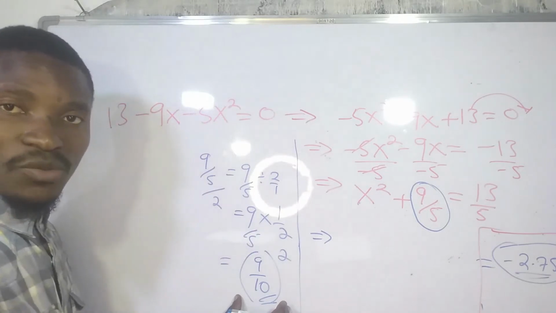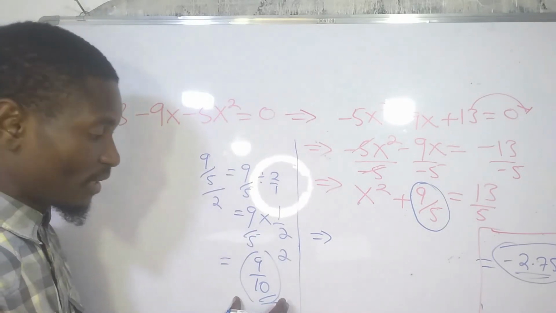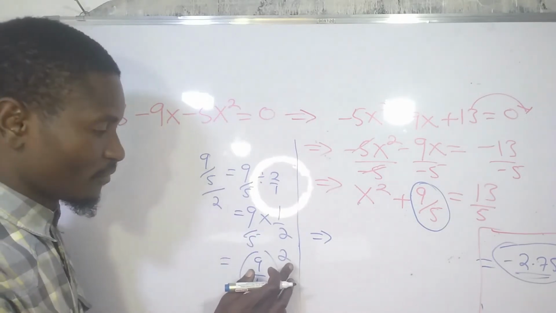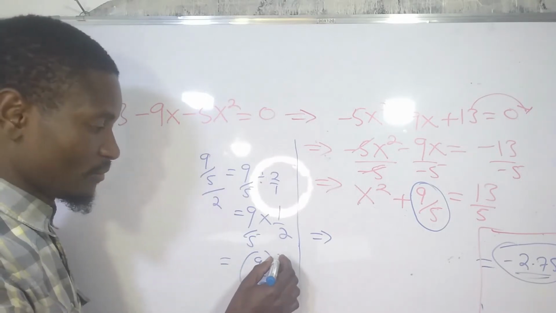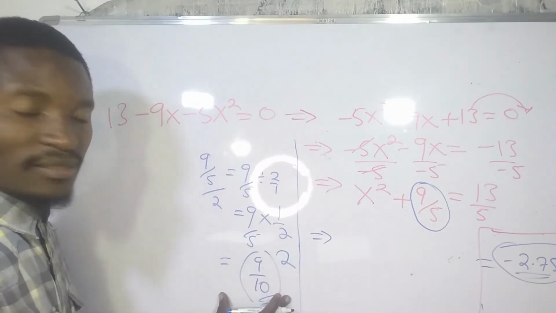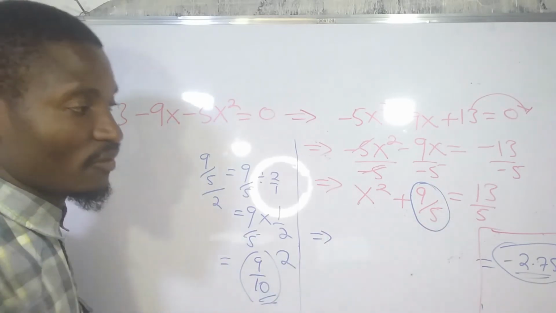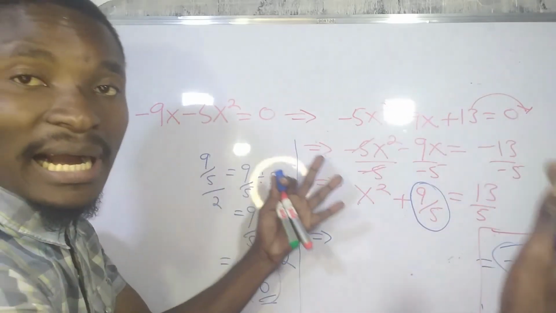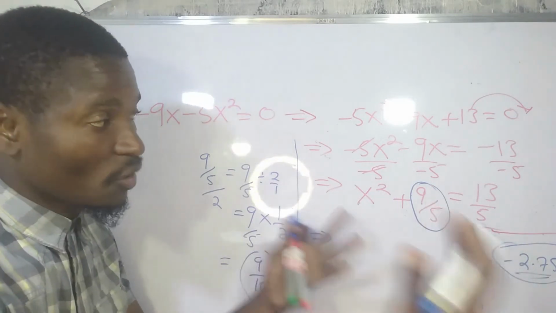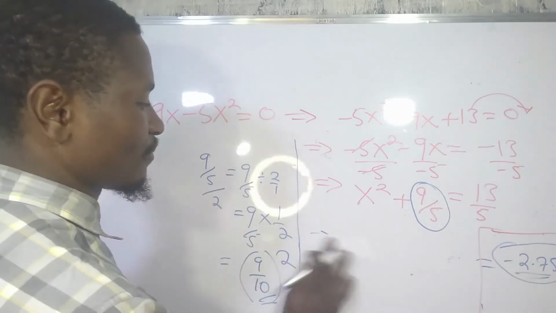So once you do that, after squaring this half of 9 over 5, you now add it to both sides of the equation. Okay.